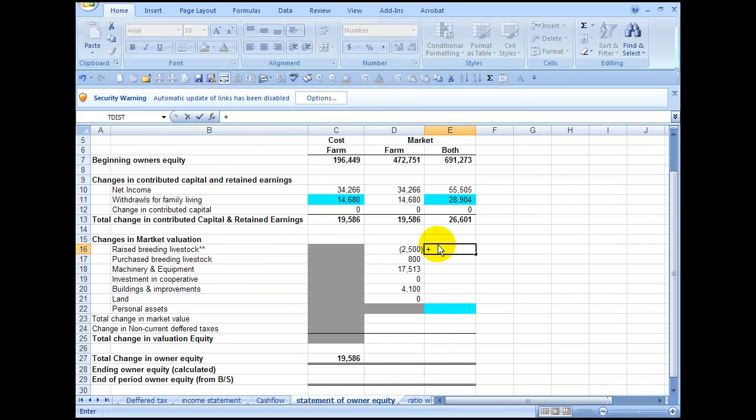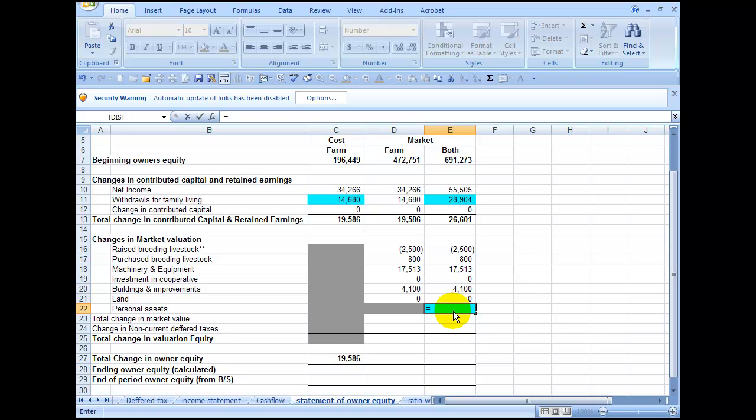For the farm and family combined, these amounts are the same, so just refer to them. However, we only have market value of our personal assets. We don't have the book value and the market value, so we can't do the change in market value minus the other. And our personal assets also include the cash over in the balance sheet, so we've got to do this one by hand.